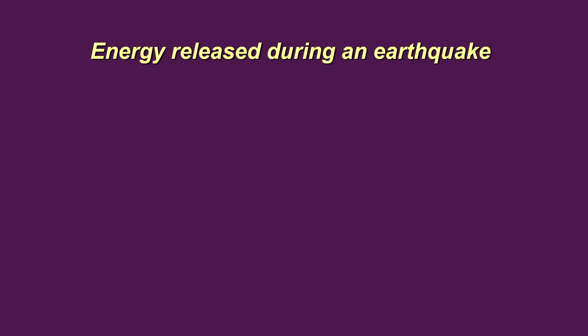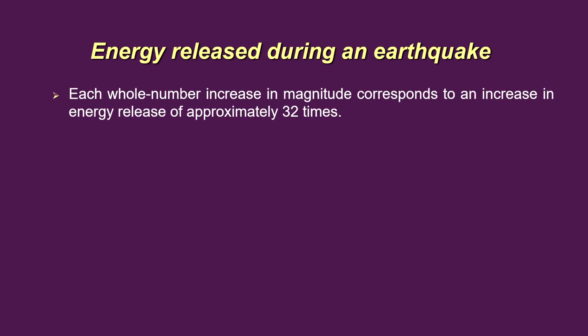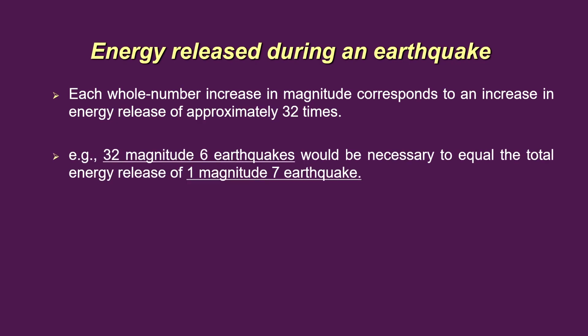Now, for example, each whole number increase in magnitude corresponds to an increase in energy release of approximately 32 times. Okay. So, for example, 32 magnitude 6 earthquakes, that means you will require 32 magnitude 6 earthquakes to equal the total energy released by one single magnitude 7 earthquake.